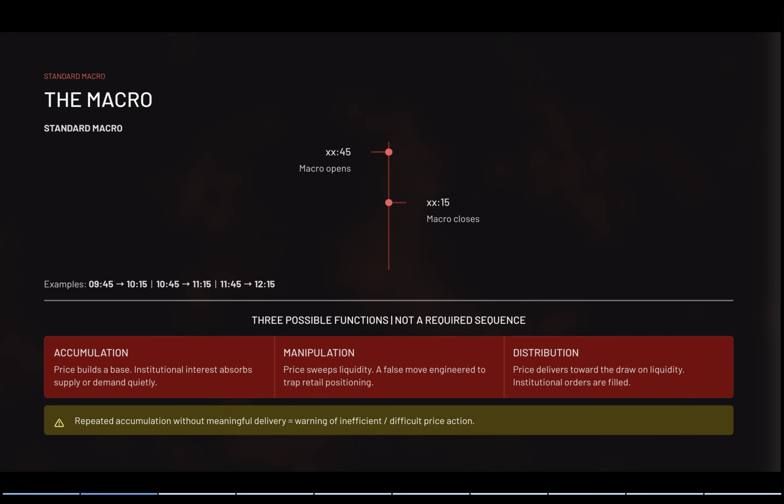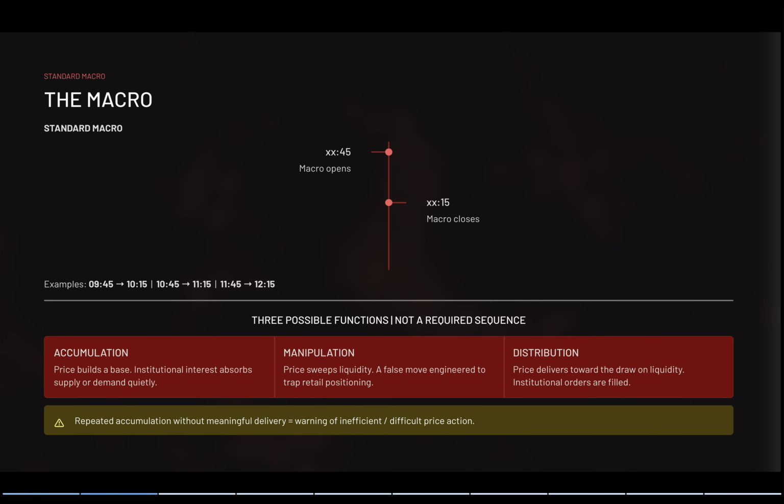Those are 3 possible functions, not a sequence that every macro has to complete. Ideally, I want the macro to deliver price, and if price keeps on accumulating through consecutive windows without meaningful delivery, that is a warning. Price action may be inefficient, difficult, or simply not worth forcing.